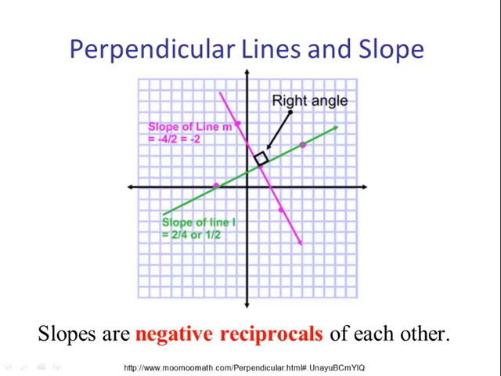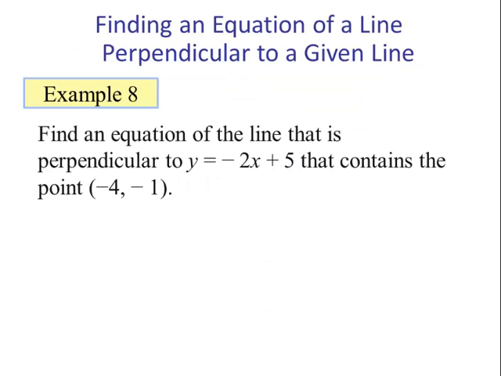Let's do an example. Example 8. Find the equation of the line that is perpendicular to y equals negative 2x plus 5, containing the point (-4, -1). So the equation of the line is y equals mx plus b. Since we know that the line we're looking for is perpendicular to this line, we know its slope is the negative reciprocal.